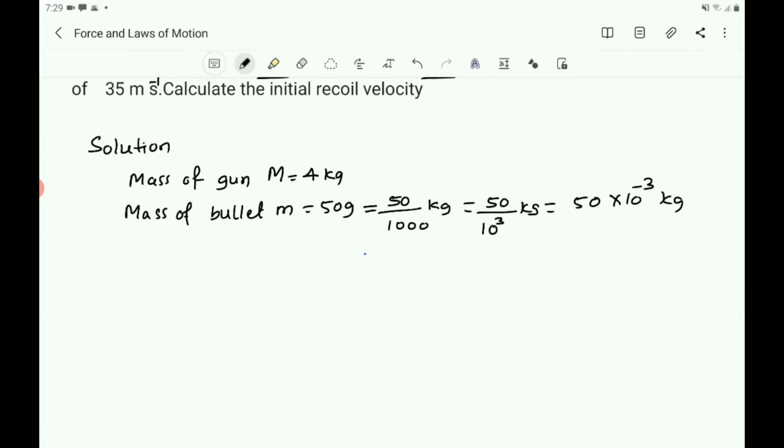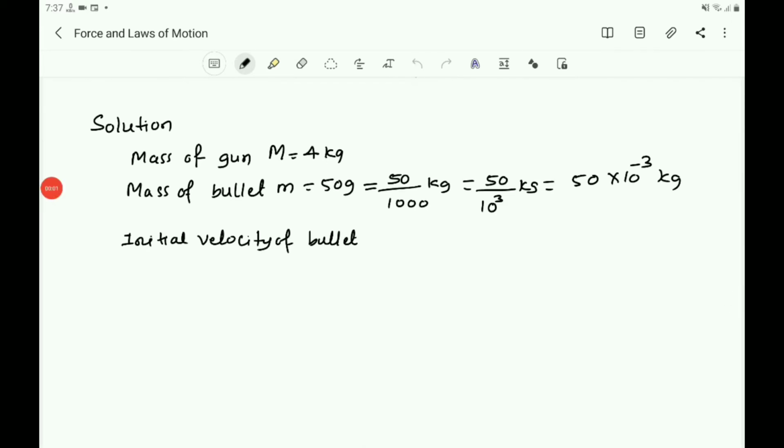And the initial velocity of the bullet, let us have it as small v, that is after firing. So v equals 35 meter per second, that is 35 ms^-1. And what you have to find out? We have to find the recoil velocity of the gun.